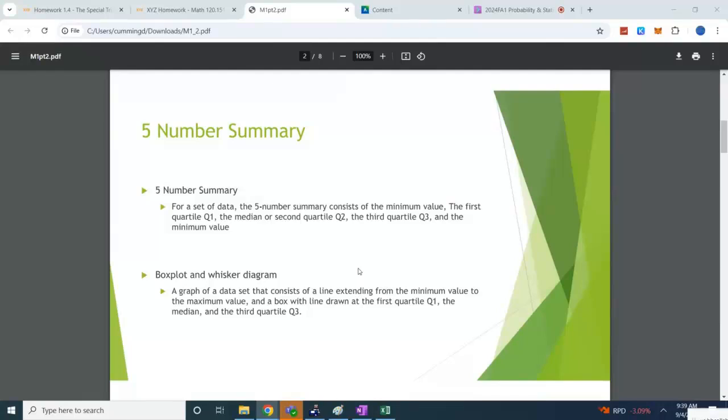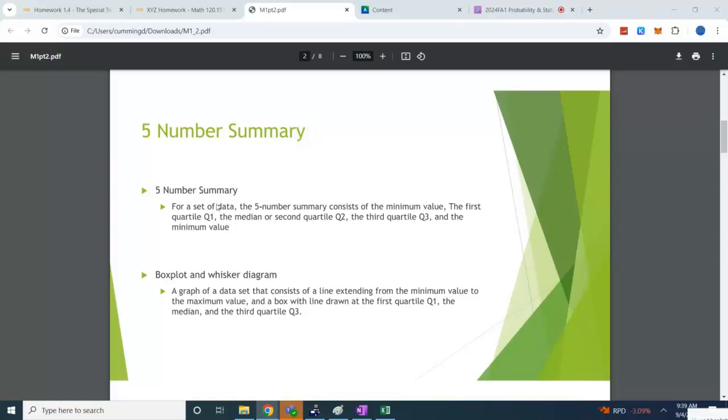We'll also be taking a look at numbers that are within a distribution, such as a frequency distribution. So we're going to calculate the 5-number summary or statistics for both sets of numbers and also distributions.